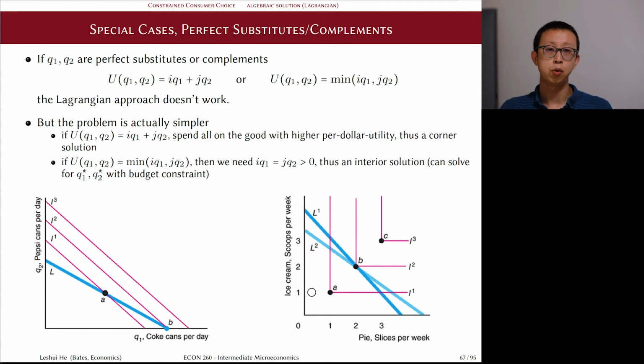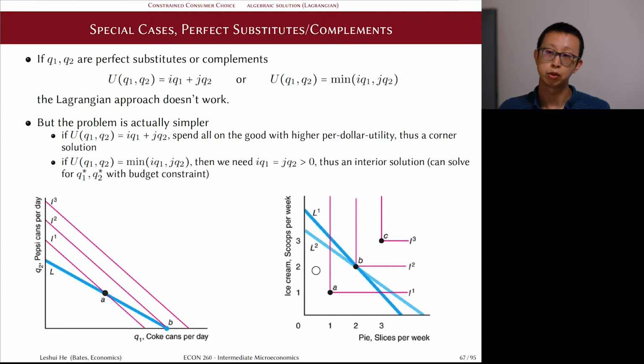As we've discussed before, if two goods are perfect substitutes, then the indifference curves are straight lines. So the slope of the indifference curves is almost always different from the slope of the budget constraint, unless they're perfectly parallel. So in these scenarios, the tangency condition won't help us locate the optimal solution, which means the Lagrangian approach won't do much.